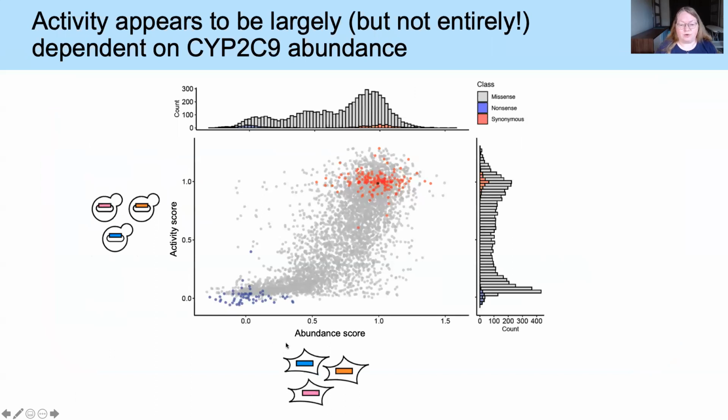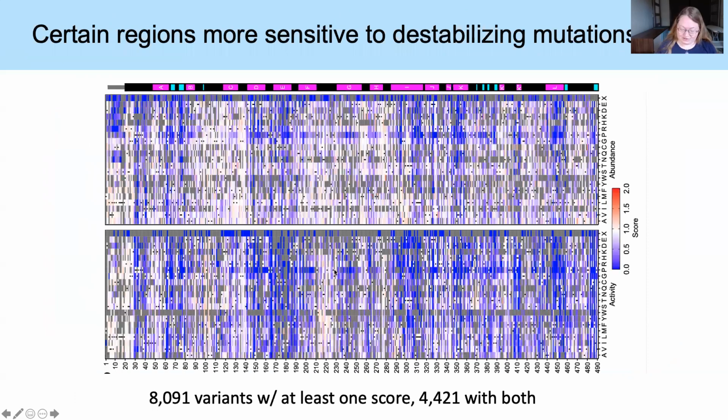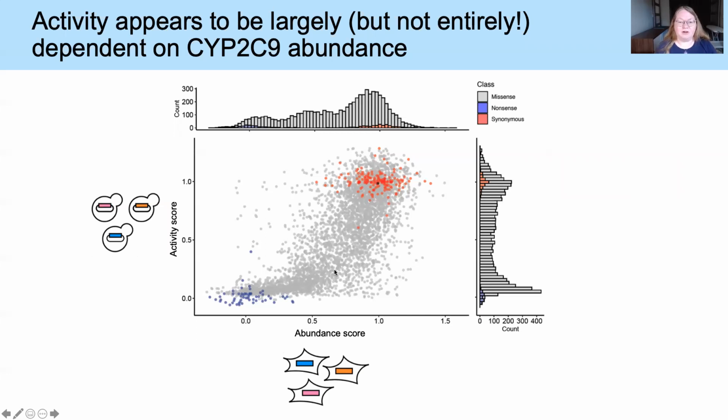Well, interestingly, if we correlate the abundance score with the activity score, what we get is a range down here where essentially if you're below a certain threshold of abundance, you have very, very low activity. And if you're above that threshold, then there's a correlation between abundance and activity. But of course, that correlation is not perfect. And so that's one interesting reason, I think, to do both, is that there are certainly variants here which have high abundance scores, but have low activity scores.